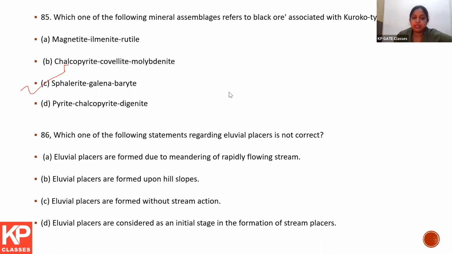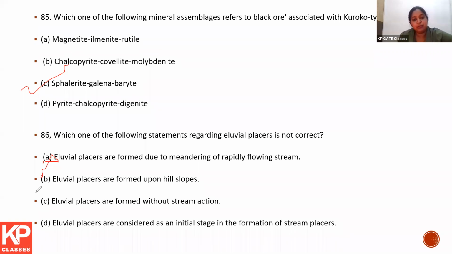Which one of the following statements regarding alluvial placers is not correct? Which one is incorrect? That's the question. Alluvial placers are formed due to meandering of rapidly flowing streams. No, this is not a correct statement. These alluvial placers are not formed due to river activities.